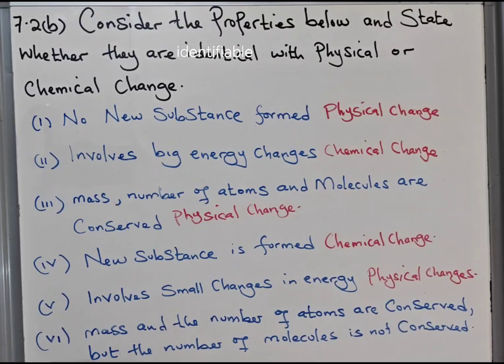Then we come to this one. It says, mass and the number of atoms are conserved, but the number of molecules is not conserved. This one is identifiable with chemical change.